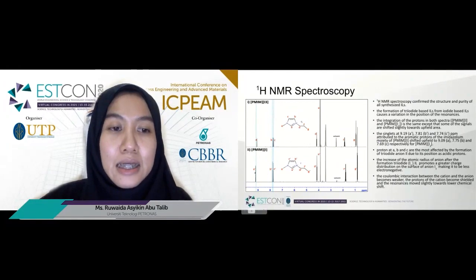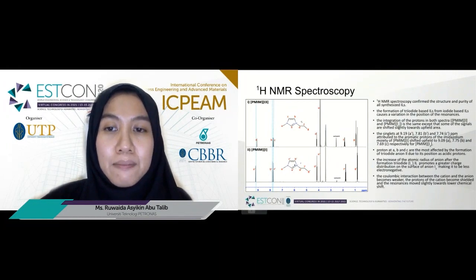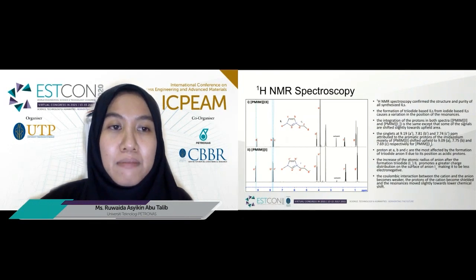The singlets at 9.19, 7.81, and 7.74 ppm, attributed to the aromatic protons of the imidazolium moiety of PMIM iodide, shifted upfield to 9.09, 7.75, and 7.69 in PMIM triiodide. Protons A, B, and C are the most affected by the formation of the triiodide anion due to their position as acidic protons.